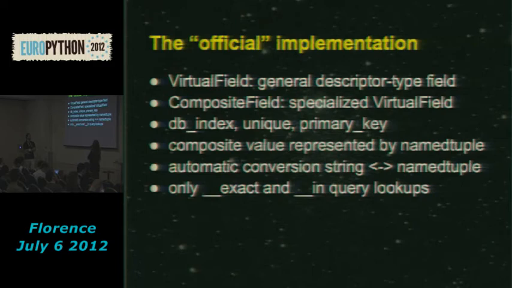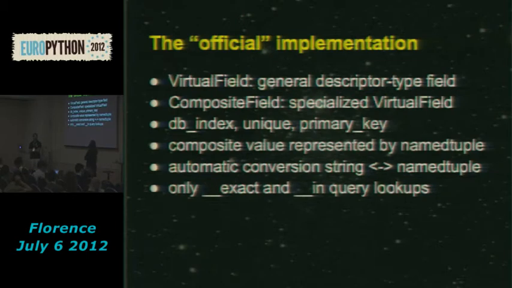So I don't know yet. Maybe they'll be just silently ignored. Maybe they're out. We'll have to decide. Okay, composite value in my implementation is represented by a subclass of named tuple. So you can just assign a list of values or a tuple of values to a composite field, and it just works automatically.